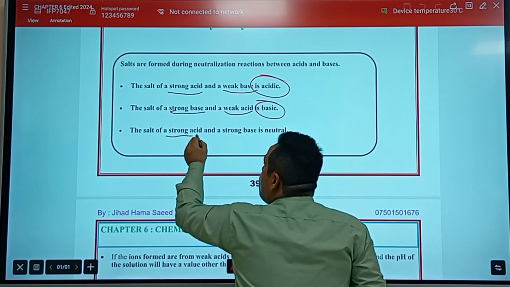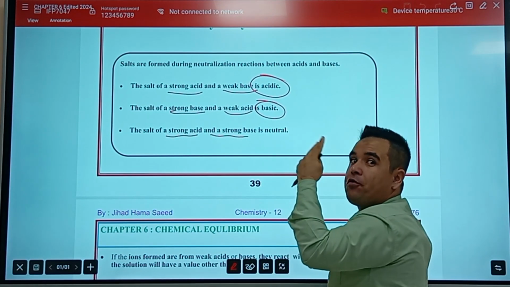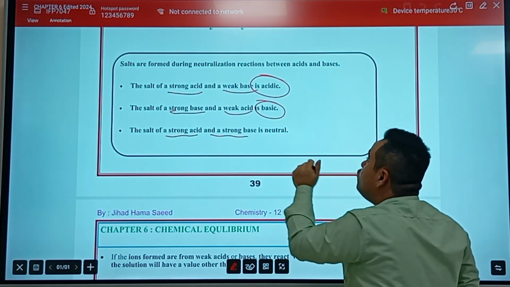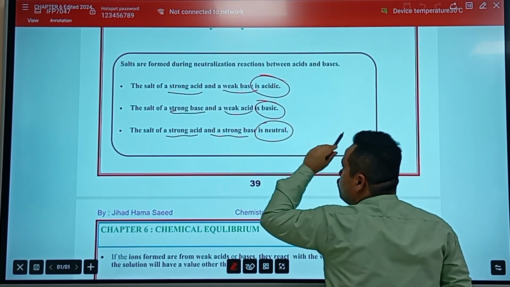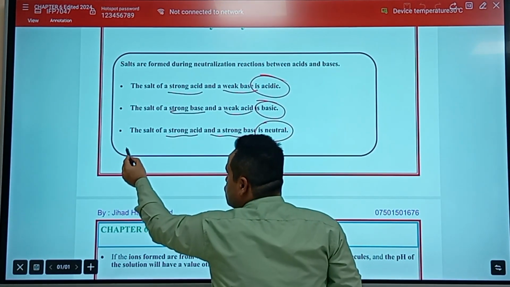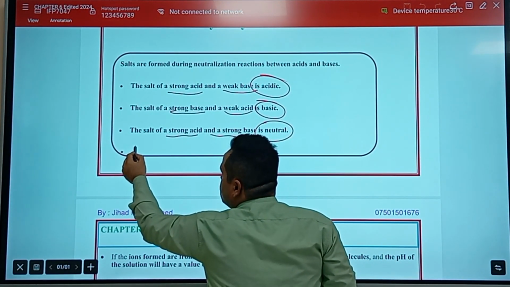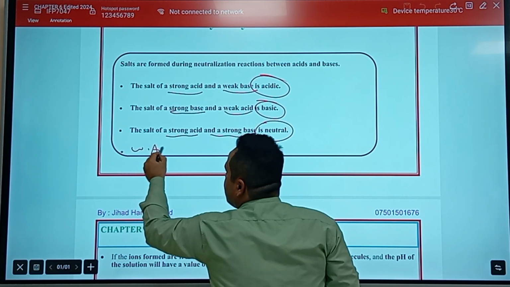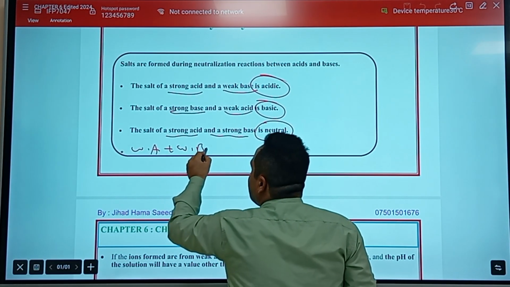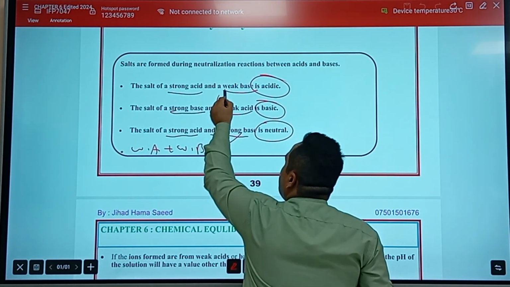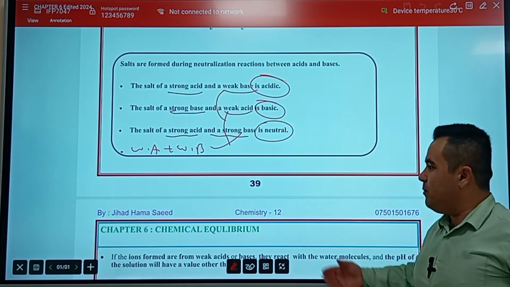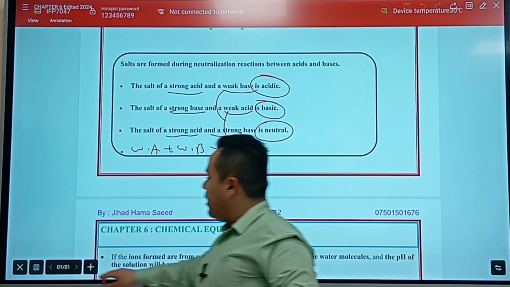A salt of a strong acid and a strong base, both strong, will be neutral. And a salt from a weak acid plus a weak base can be any of the above, depending on the Ka and Kb, which we will discuss in detail.